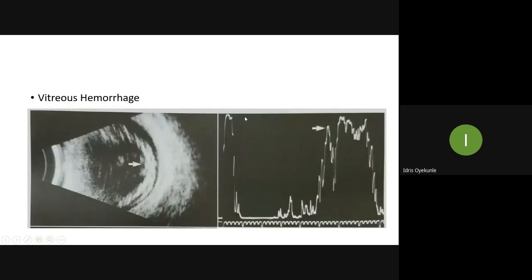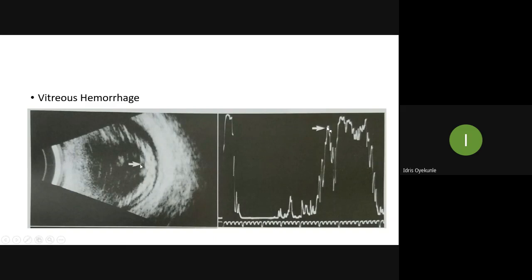So when there's a vitreous hemorrhage, how do you know that this is probably a vitreous hemorrhage and not asteroid hyalosis? We may have to look at the A scan, the vector scan on the B scan, which we can see here. There is a moderately high, broad reflective spike observed here, which corresponds to where the arrow is.